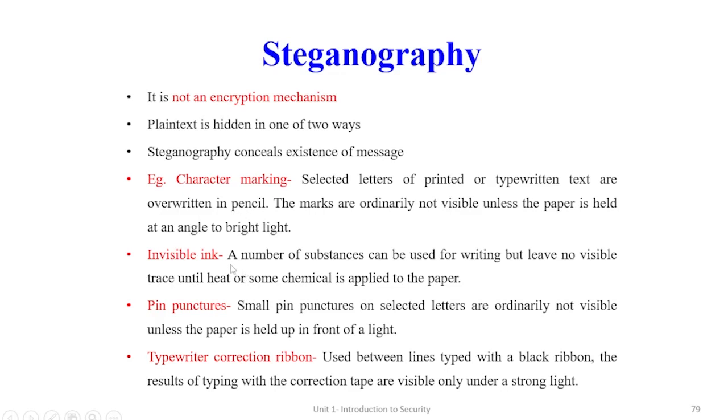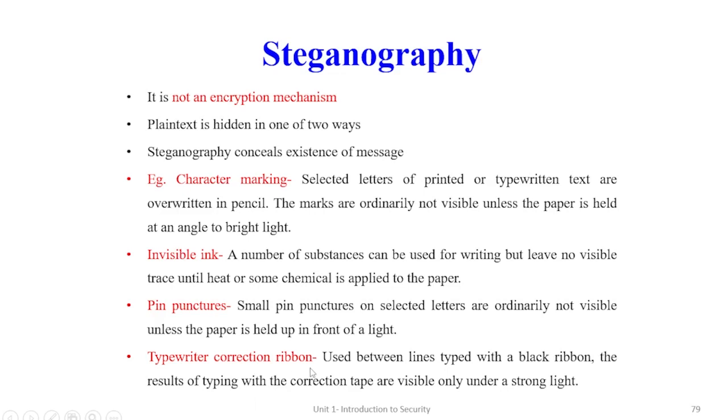The next technique is invisible ink. That means a number of substances can be used for writing but leave no visible trace until either heat or some chemicals are applied to the paper. Pin punctures means small pin punctures on selected letters are ordinarily not visible unless the paper is held in front of the light.